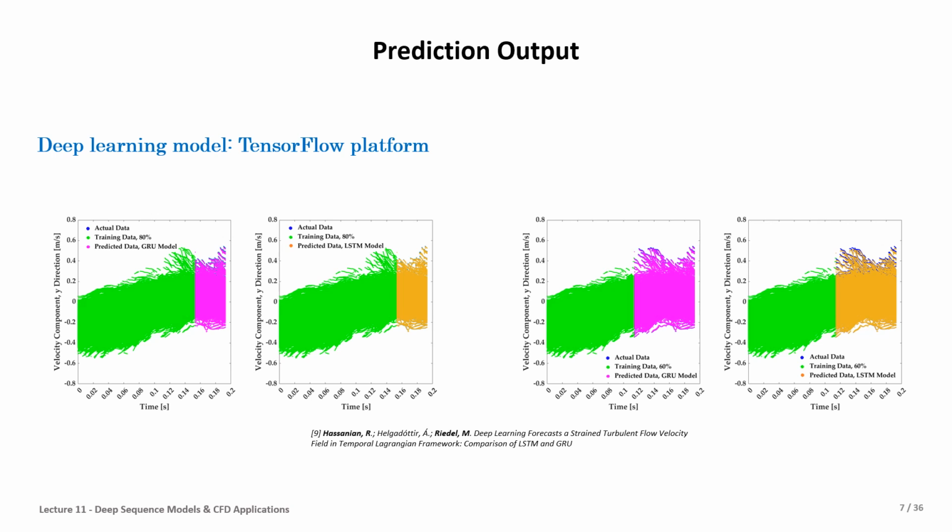Here the prediction has much more accuracy. You see much more of the blue color of the actual data. So this is the comparison between the LSTM and GRU, and we can see the results are similar. The GRU has the same capability as the LSTM.